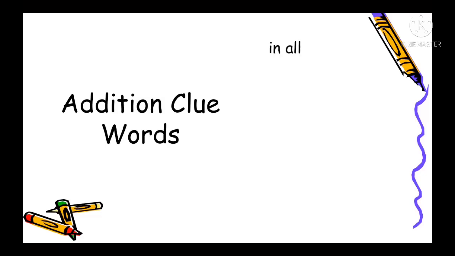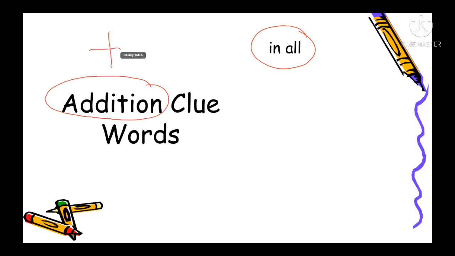First one, in all. If you see in all in the word problem, then we will use addition, or the plus symbol. So that's number one, in all. What else? Altogether.